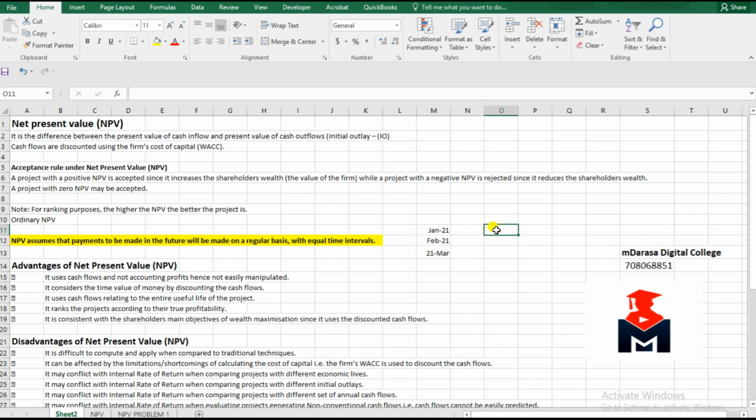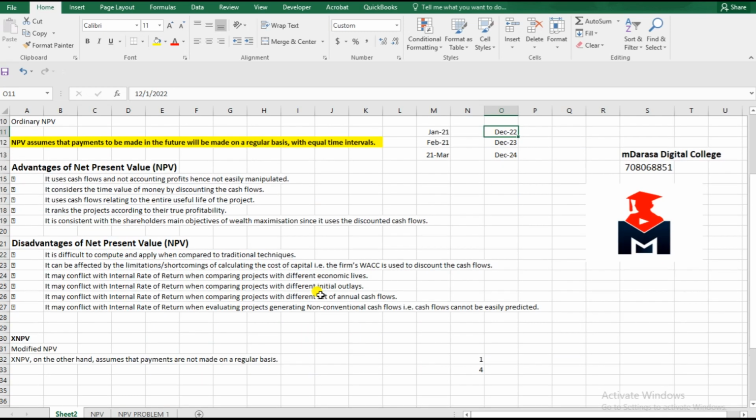Say the first amount you received in December 2022, the next amount you're going to receive in December 2023, December 2024, and so on. So at this point you're looking at equal time intervals, a time interval of 1 month, or 1 year, 1 year, 1 year.